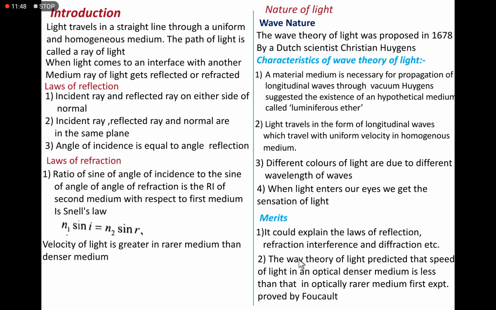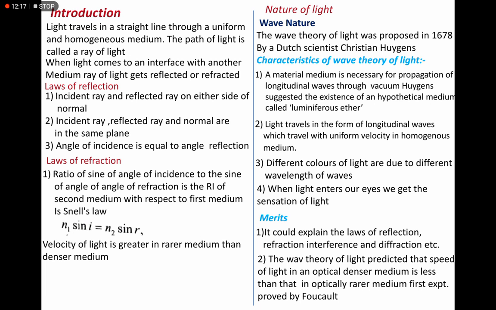Now, the second merit, a very important merit of the theory, is that the wave theory of light predicted that the speed of light in an optically denser medium is less than in the optically rarer medium. This was first experimentally proved by Foucault.